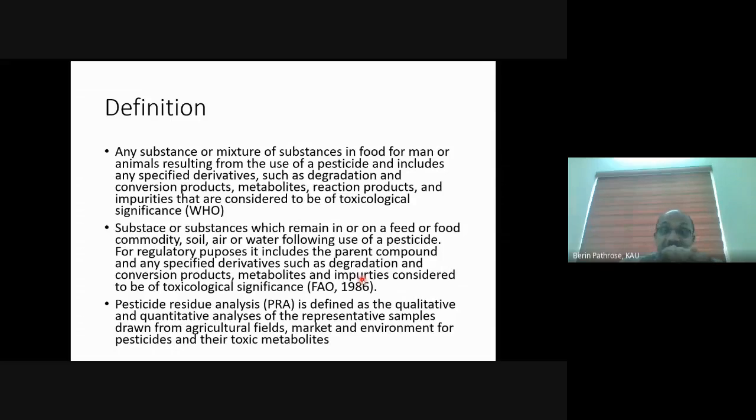So it can be a single substance or substances. Sometimes we may use pesticide mixtures. In that case, we have to measure both the pesticides. If you are using a mixture of chlorpyrifos and cypermethrin, then we will get residues of both chlorpyrifos as well as cypermethrin. So, substance or substances which remain in or on.